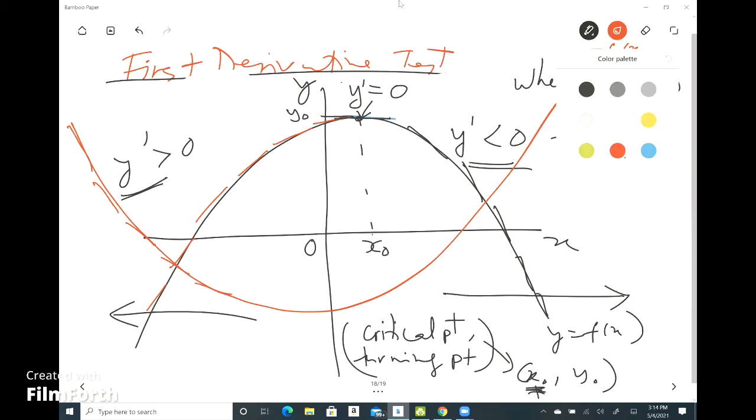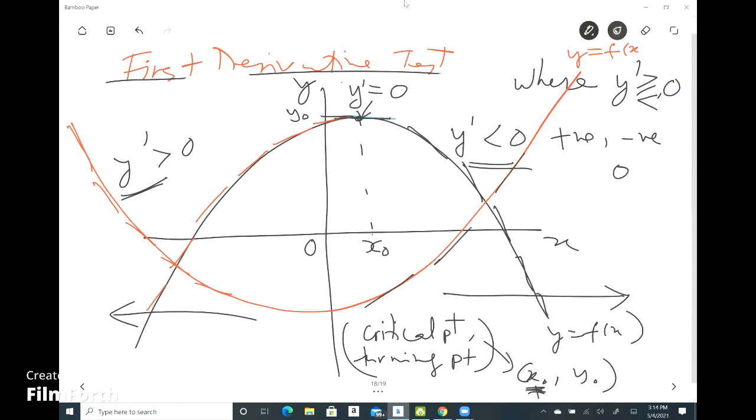And then I look at the other side. And then there will be some point here where f prime equal to 0, and say that will happen at x1. Okay, now you look at the interval on the left. What can you say about the y prime?